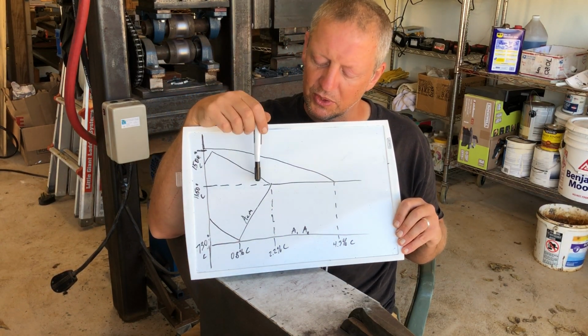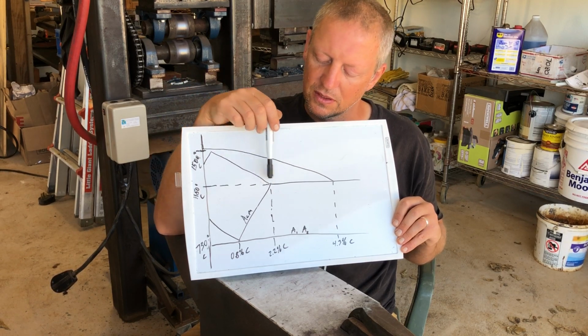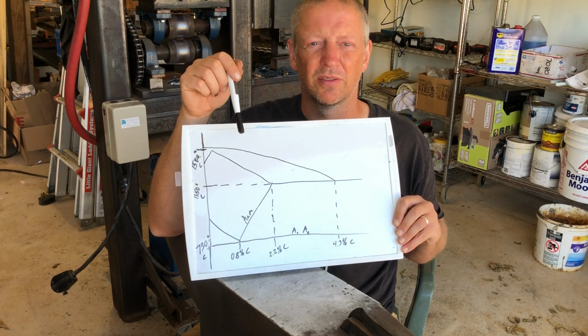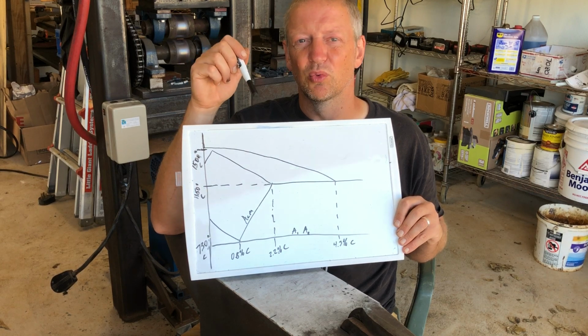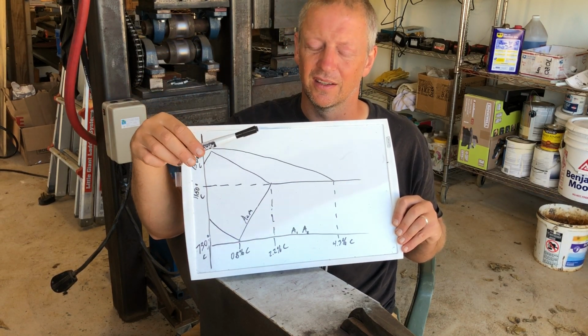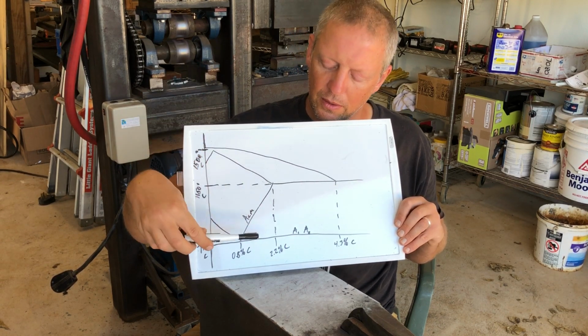But something to know about this line is that it defines your theoretical top-end forging temperature for a steel that has been rendered homogeneous. Now that's a key thing to remember: steel that's been rendered homogeneous.